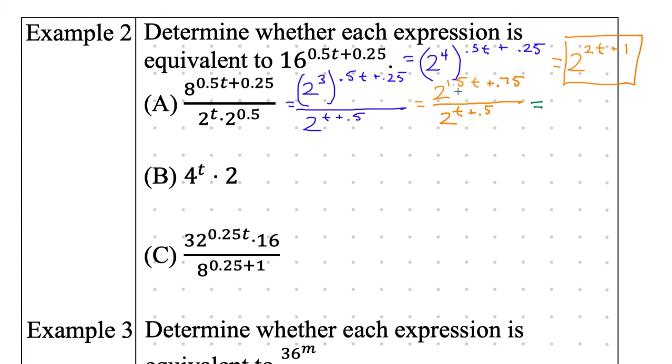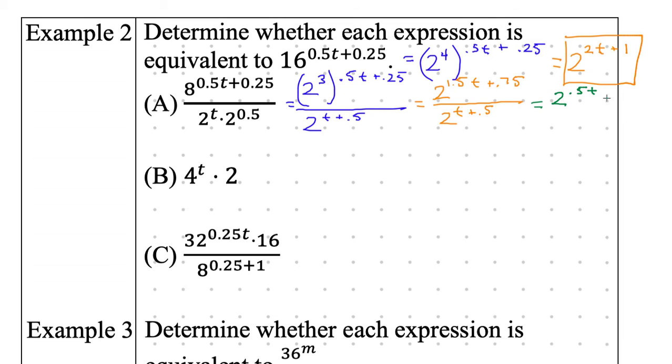Again, now that I'm dividing the same base, I'm really going to be subtracting. So I'm going to subtract t from 1.5t, and I'm going to subtract 0.5 from 0.75. And what do we get here? This is going to be equal to 2 to the power of 1.5t minus t, which is 0.5t. Oh, it's looking kind of close.